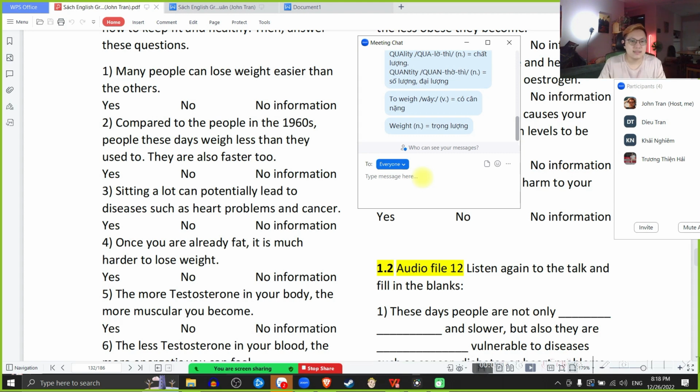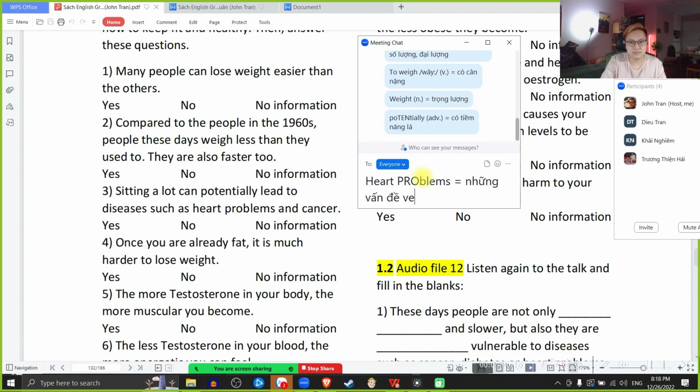Number three, sitting a lot can potentially lead to diseases such as heart problems and cancers. Những bệnh về tim, những vấn đề về tim mạch và cancer.